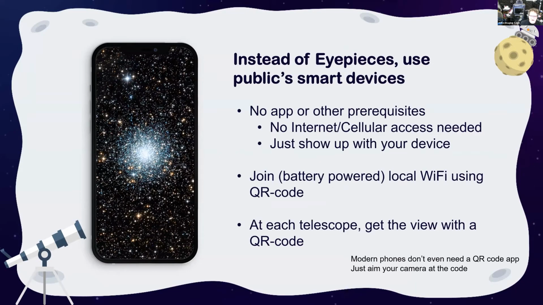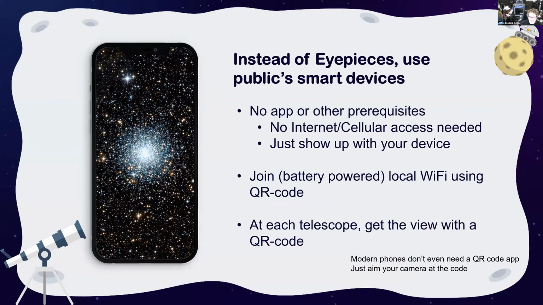Basically, instead of eyepieces, use the public's smart devices that they have with them. The point is to make sure that there's no app that they need to load ahead of time. They don't need any internet or cellular access, because at a lot of our sites there is none anyway.